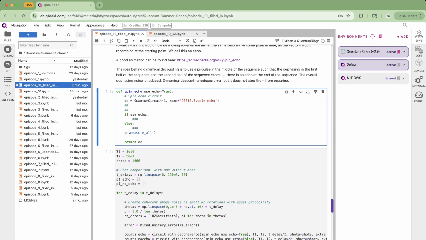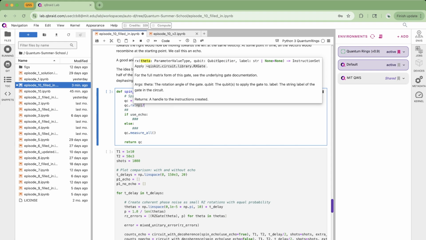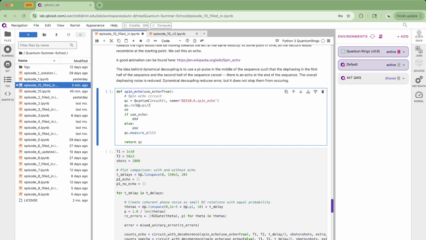So here's the circuit that we're going to use. We're going to do a similar thing to the dephasing circuit before. We're going to have an X rotation, we're going to have some idling time, and then if we're using the echo technique, we need to apply an X gate, and then we need to apply another rotation.